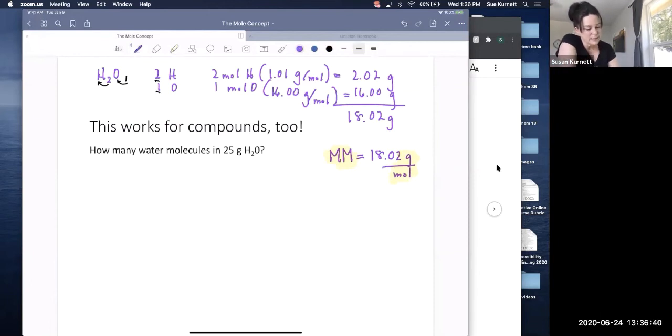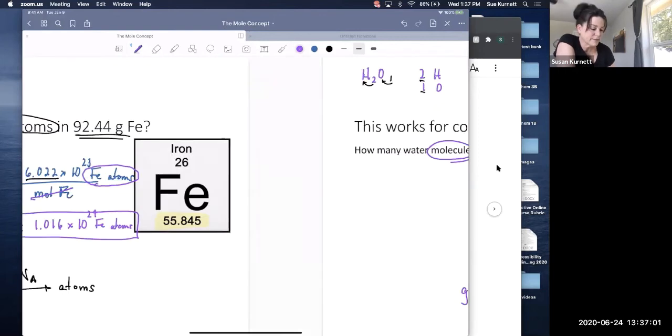Okay, so how many molecules? I'm solving for pieces. Molecules here are kind of like atoms in the previous problem, and I'm given a mass of a compound. I can't go straight from grams to molecules.